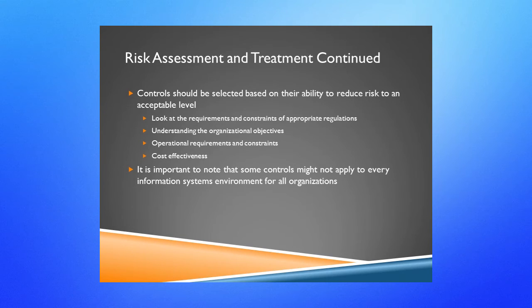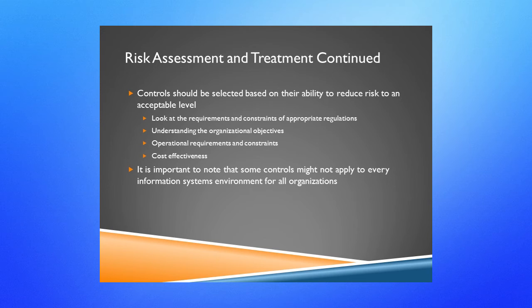Now, if the goal is through the use of controls to try to reduce risk, then we need to make sure that we get the ones that will do the reduction that we want to an acceptable level. That means you need to look at, number one, the requirements and constraints of the cost benefits and of the appropriate regulations. You need to know what the organization's objectives are.